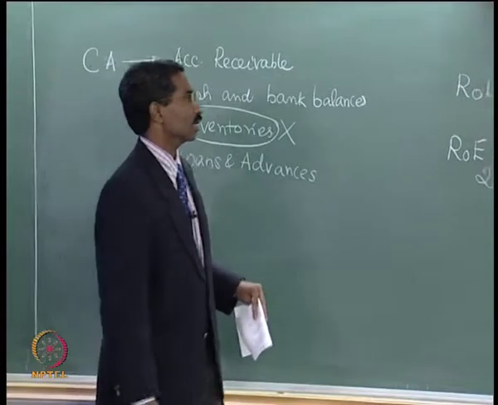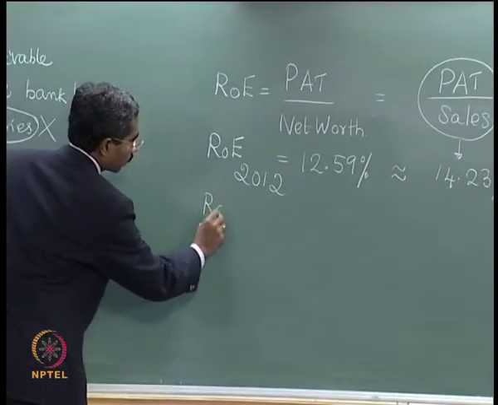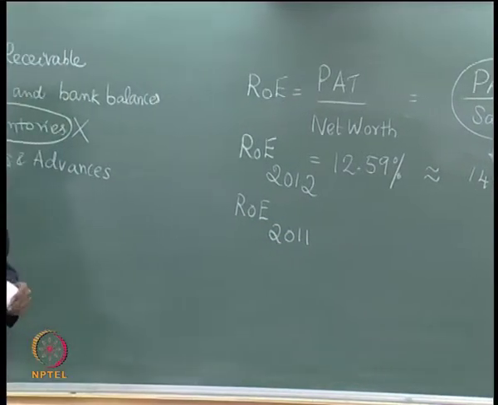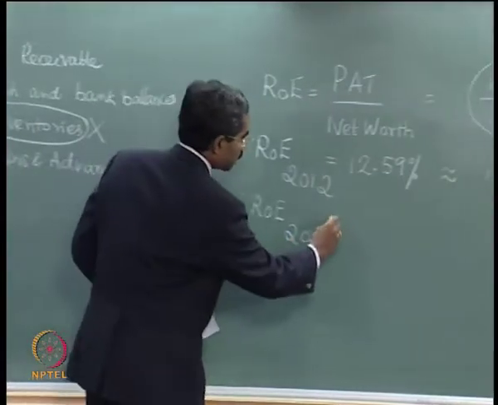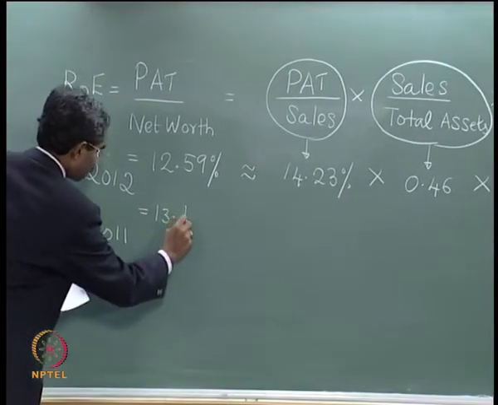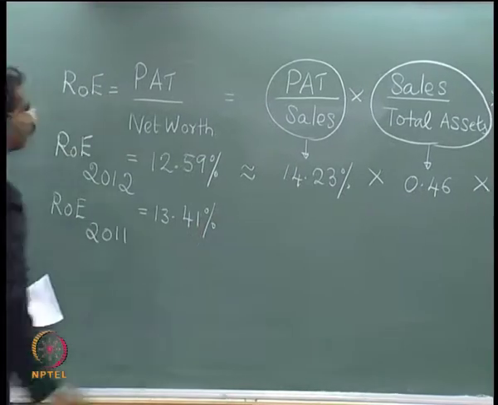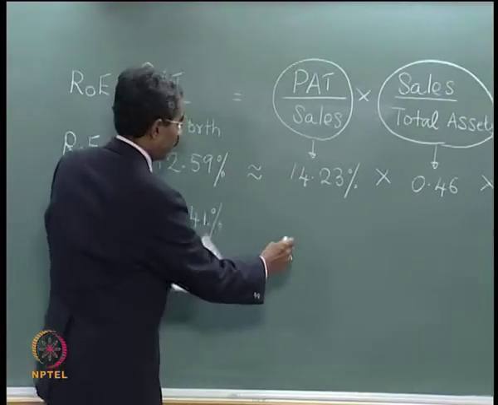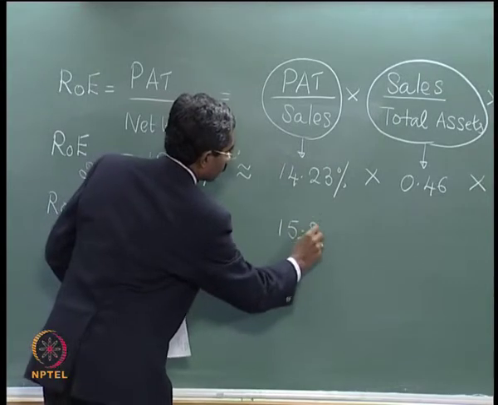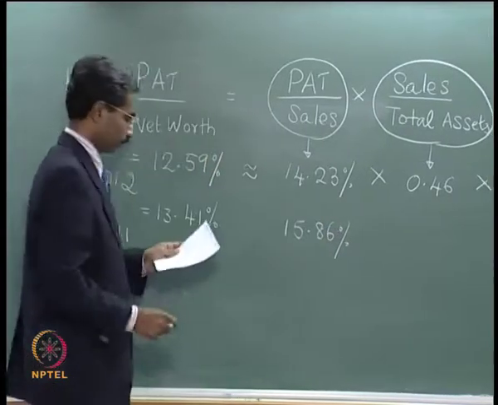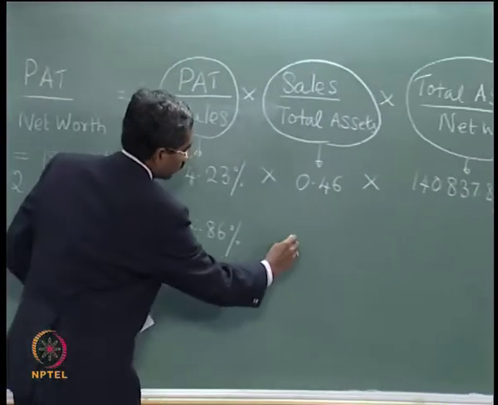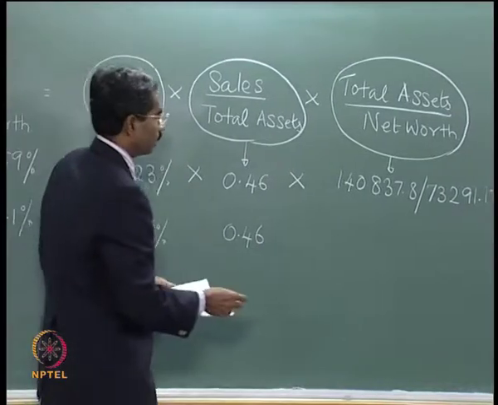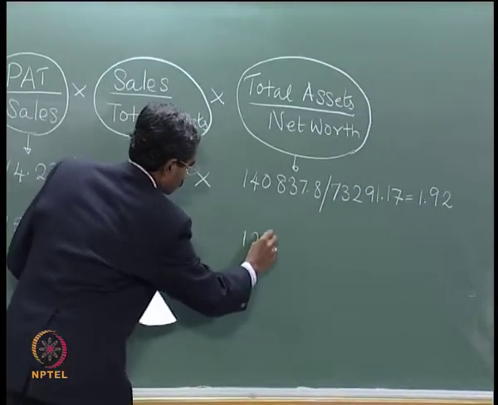Now let us calculate the return on equity for 2011. For 2011 we had calculated 13.41%. The net profit margin was 15.86%. The total assets turnover for 2011 was 0.46, and then the leverage multiplier was 1.5.